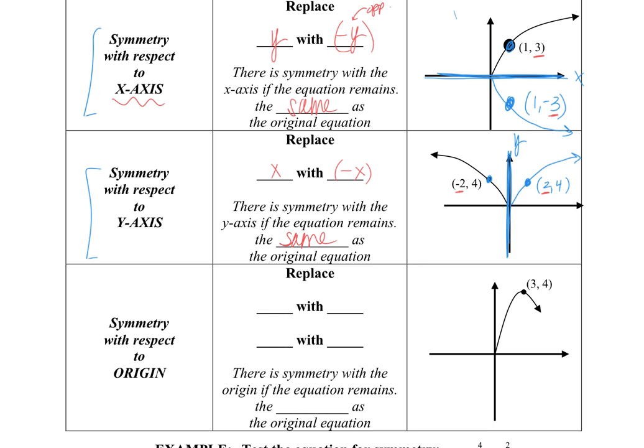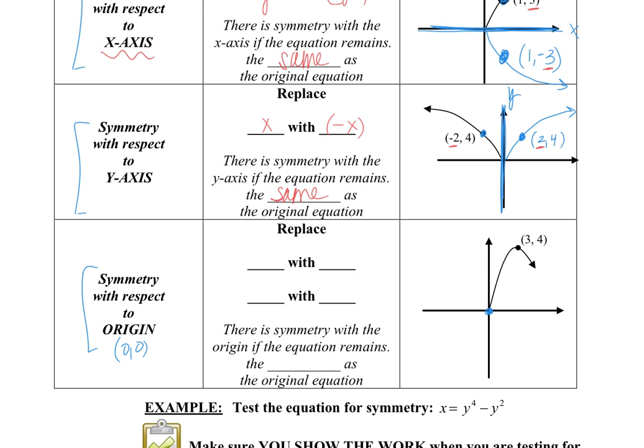Okay. The last one is symmetry with respect to the origin. Remember, the origin is the ordered pair (0, 0), okay? So symmetry with respect to the origin actually does both of these things. So if I look at the picture, it's actually going to look kind of like this, okay? It's reflected, and what happens here is it changes both my x and my y.